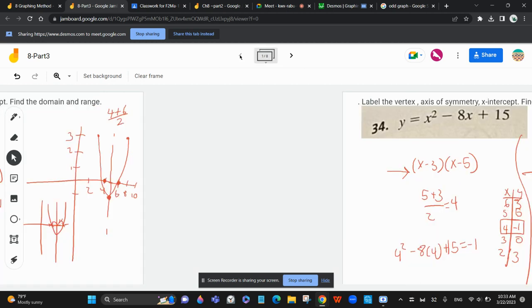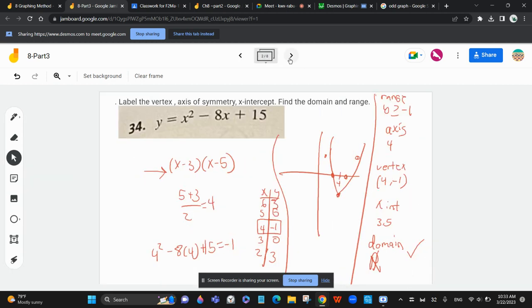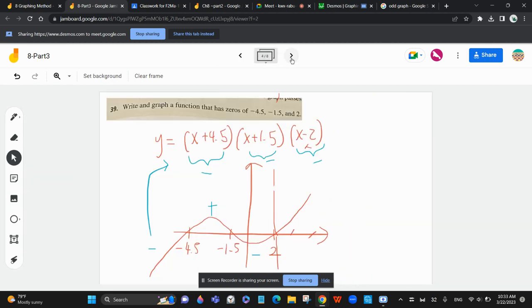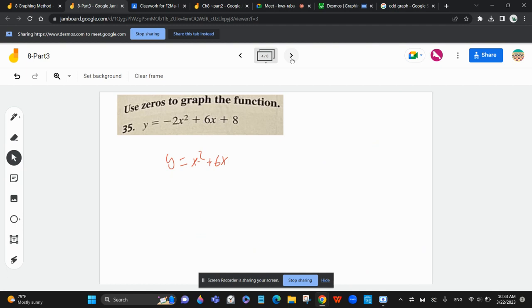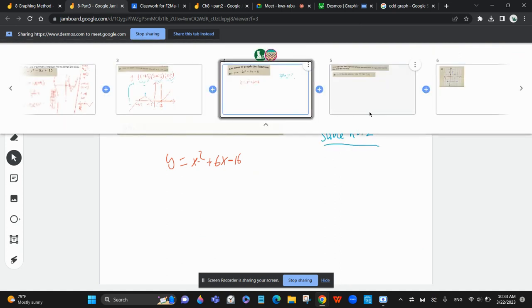So I guess this one is quite the same as what we have done on slide number 2. So I guess we will move on to the next one first. So this one, I guess you can do it yourself.